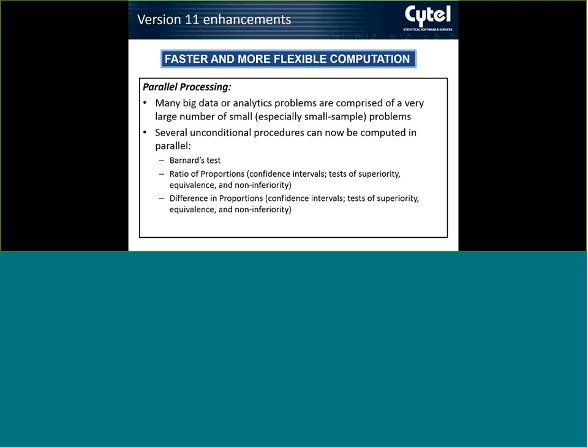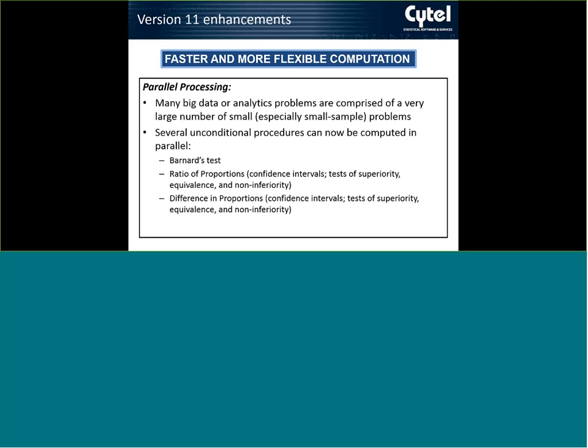Well, just to close, under the category of faster and more flexible computation, there are a couple of major things I think that have been added to version 11. One is parallel processing capability, and this is especially useful.